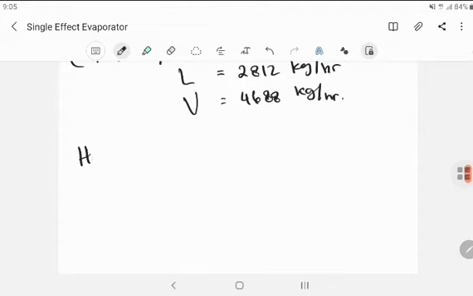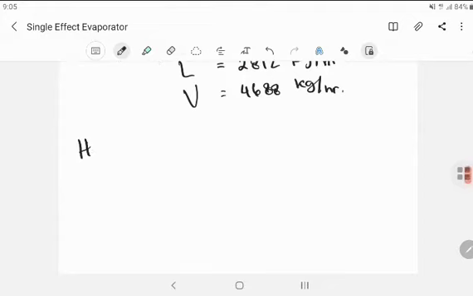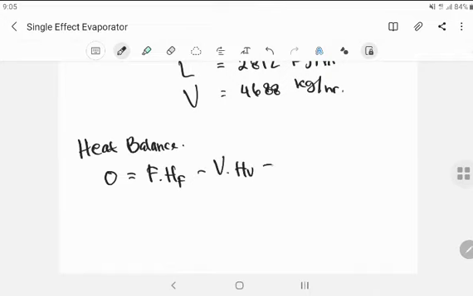To calculate the heat transfer area, we need a heat balance, where the heat balance equation, maybe you can still remember from a heat transfer class, is 0 equals F times HF minus V HV minus L HL plus UA times (TS minus TE).